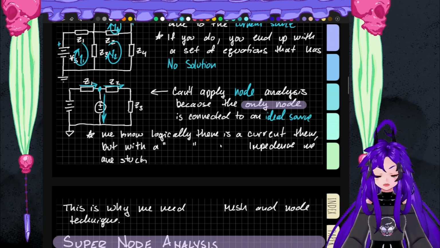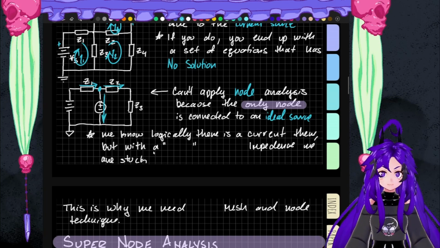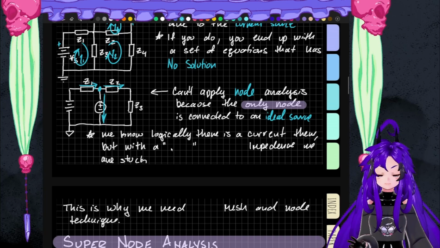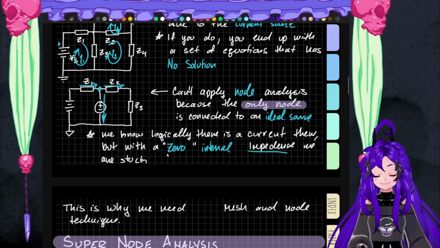Logically, we know that there's current in this branch, but an ideal source has zero internal impedance. So we're kind of stuck.